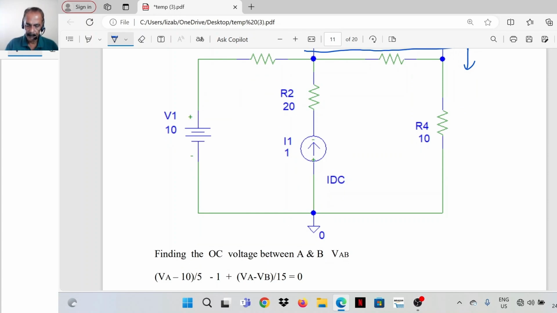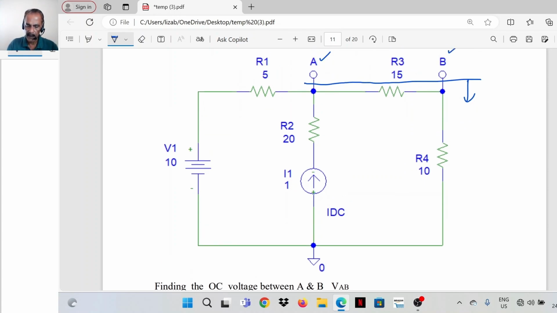Write the node equations with the outgoing currents. (VA minus 10) by 5 plus (VA minus 10) by 5, minus 1 ampere.